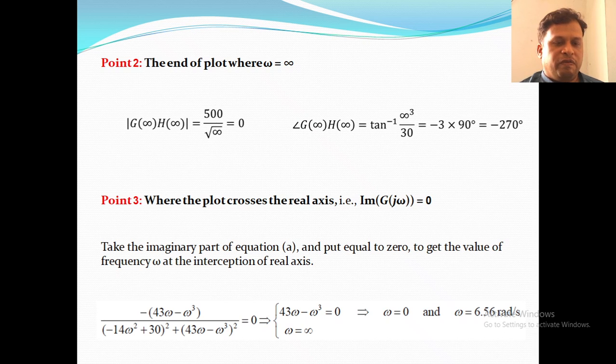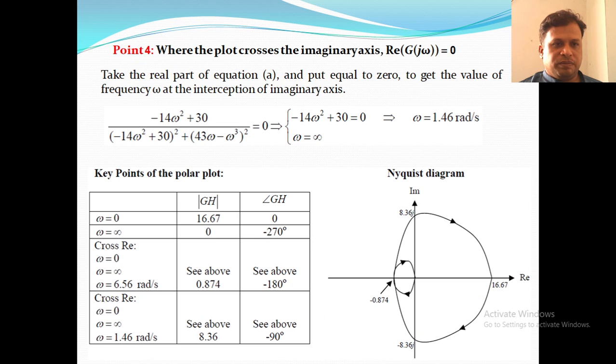Taking the imaginary part of equation A and putting it equal to 0 to get the frequency omega at the intersection of the real axis, we get 43 omega minus omega cube equal to 0. That means omega is equal to 0, omega is equal to infinity, and omega is equal to 6.56 radians per second. We get these values here.